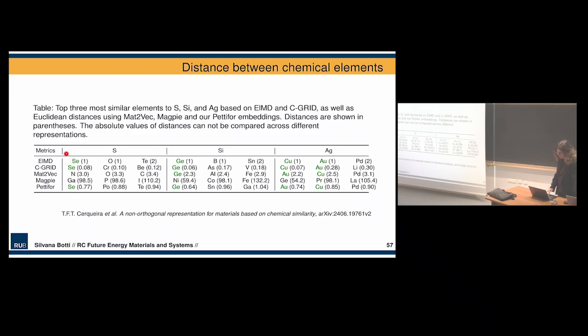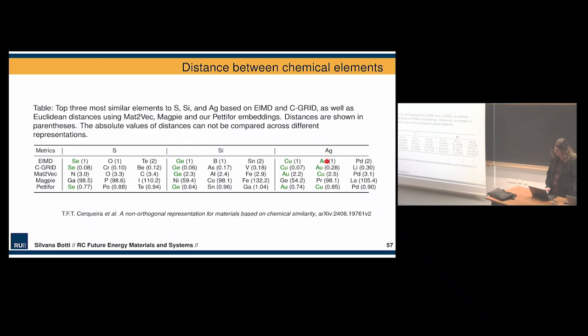And these Earth mover distances, also based on similarity, also give selenium, then oxygen and tellurium. Oxygen is not very far, it's kind of the next one. But the other gives less intuitive results. So why gallium or why nitrogen? This is a little harder to understand. Or silicon: most of the different choices will give germanium as the closest, and our embedding says then comes tin and then gallium.